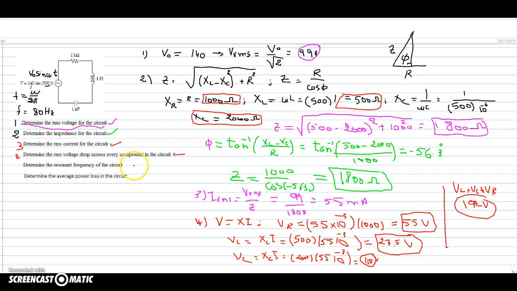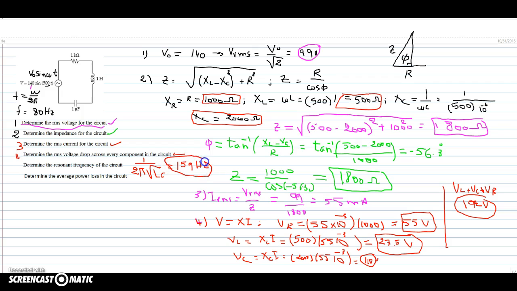What is the frequency of resonance? Well, just 1 over 2 pi square root of LC, and that is 159 hertz, almost 160 hertz.